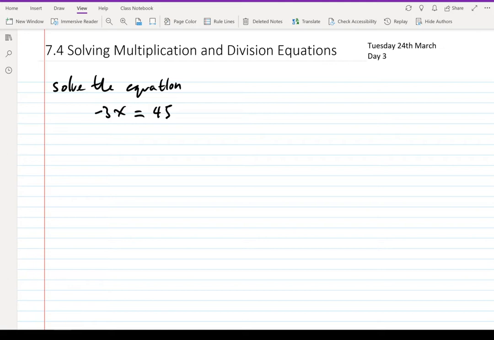Now this time we can see that our variable has a coefficient.